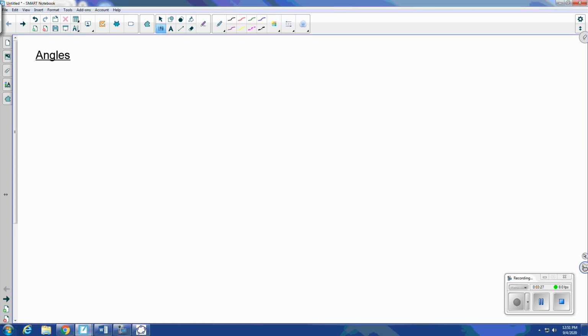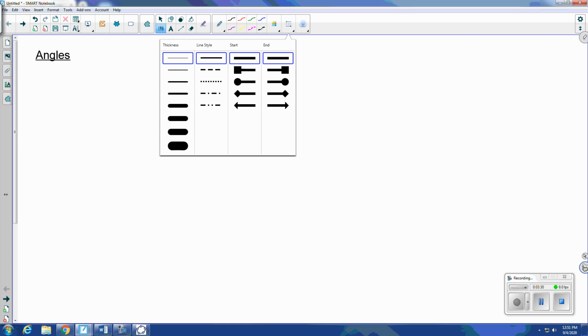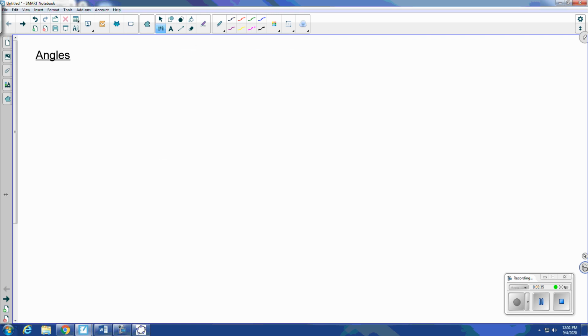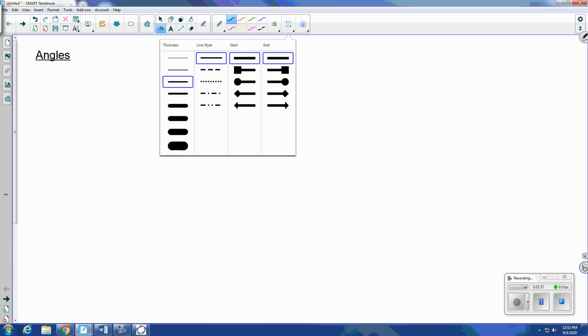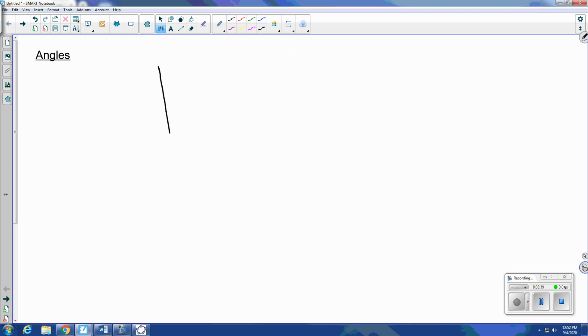Just like there was a segment addition postulate, there's also an angle addition postulate. The angle addition postulate tells us, just like the segment addition postulate, that the sum of the parts equals the whole.